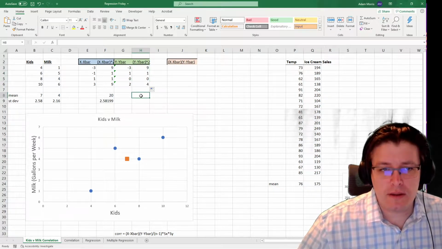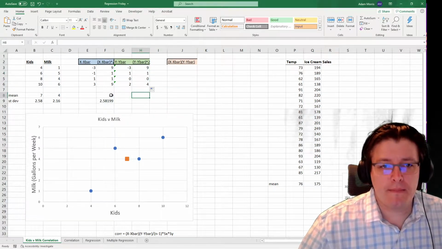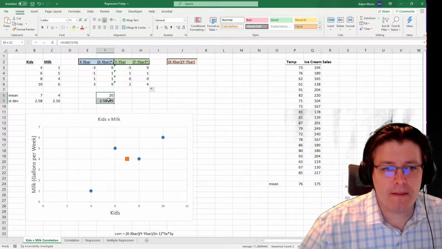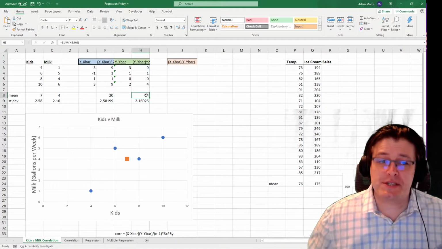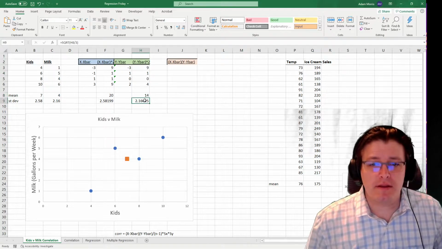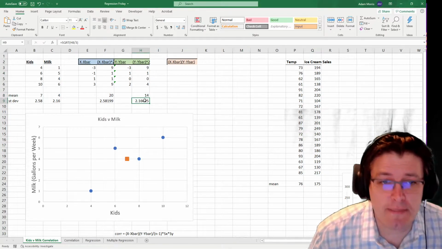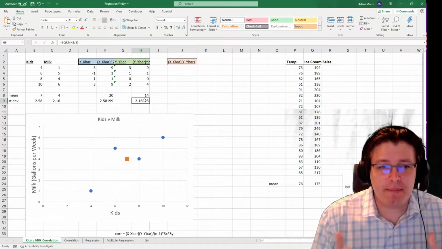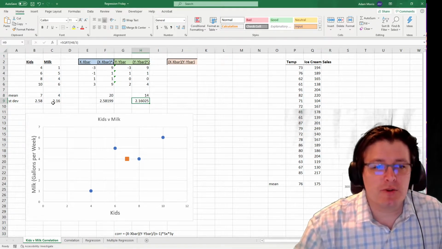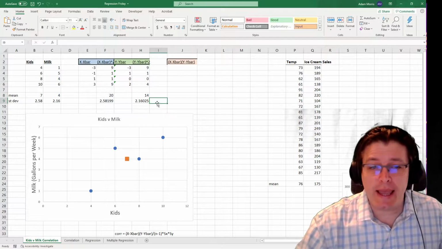Okay, so I've just pulled those over, so I have the sum, and then of course the calculation where I take the square root of the sum of those squared deviations and divide by 3, and I've got this 2.16. Okay, so we can do this by hand.